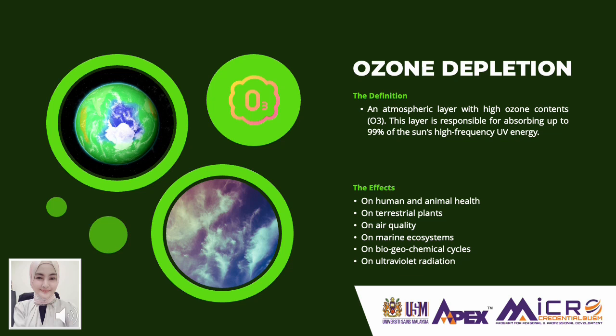Okay, amongst the effects of ozone depletion are as follows. Number 1, effects on human and animal health, effects on terrestrial plants, effects on air quality, effects on marine ecosystem, effects on biogeochemical cycles, and effects on ultraviolet radiation.